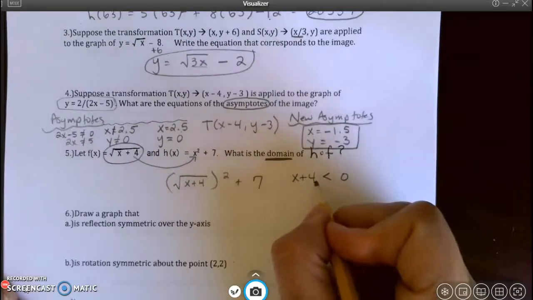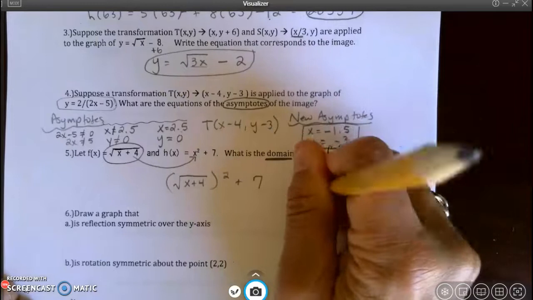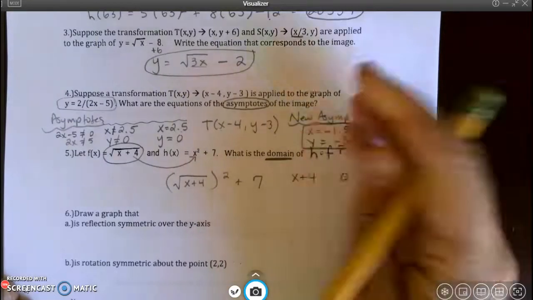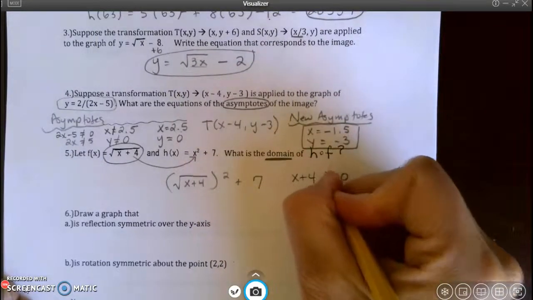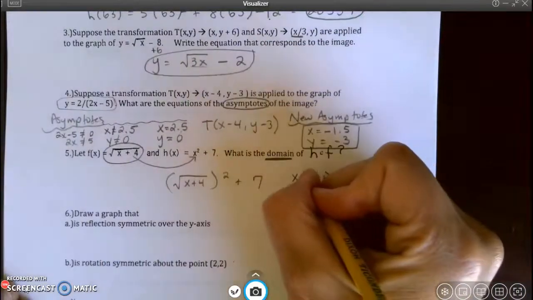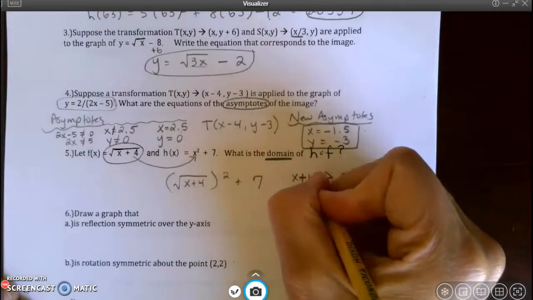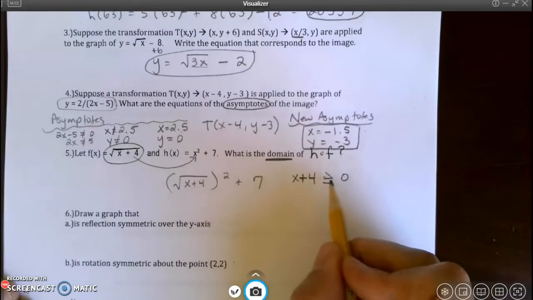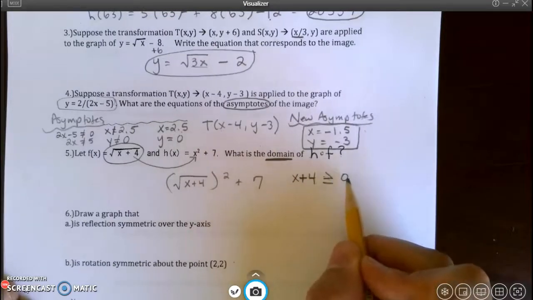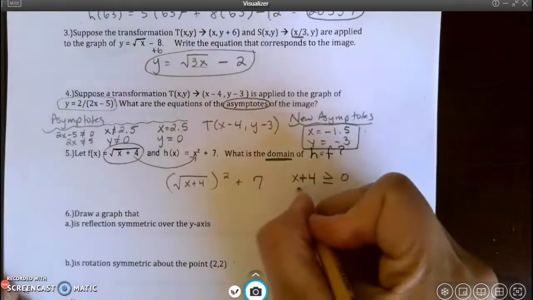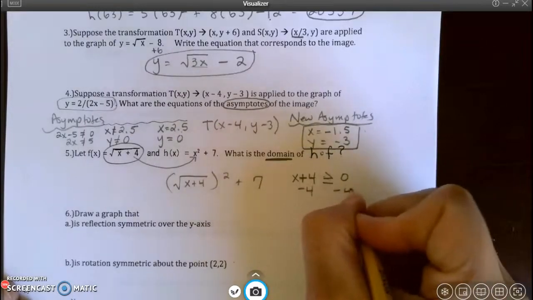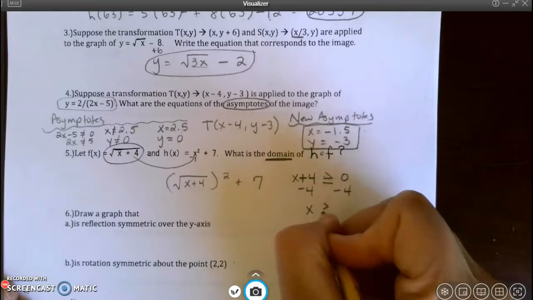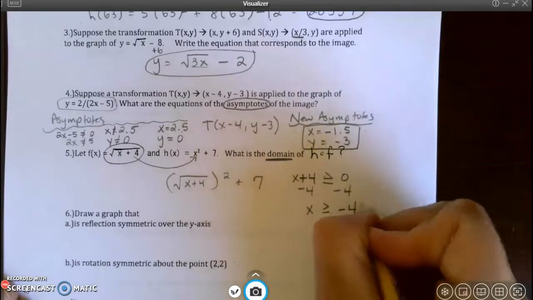So x plus 4 can't be less than 0, therefore it must be greater than or equal to 0. It has to either be positive or 0. Subtract 4 from both sides. X must be greater than or equal to negative 4.